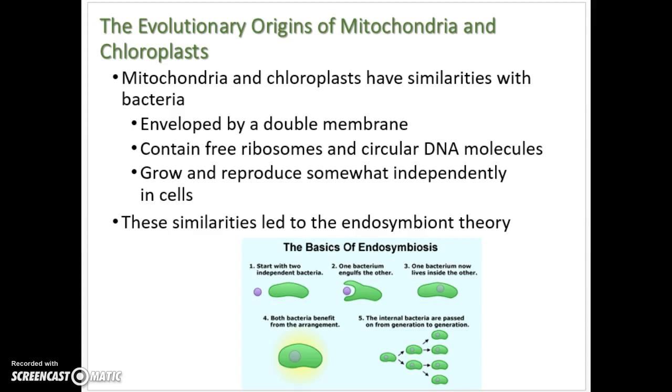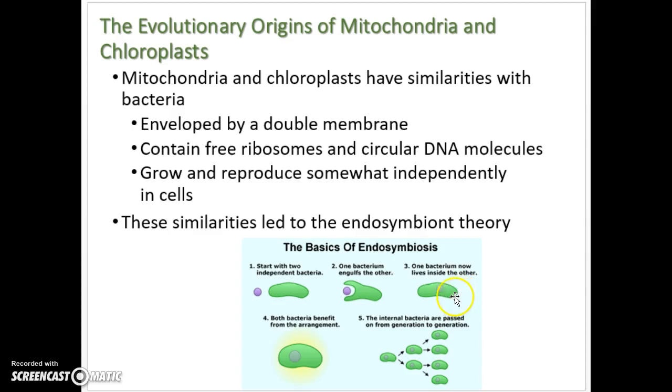They were autonomous bacteria organisms. What happened is they were enveloped by another bacteria. You see that picture here. And they became part of the bacteria that ate them, essentially.